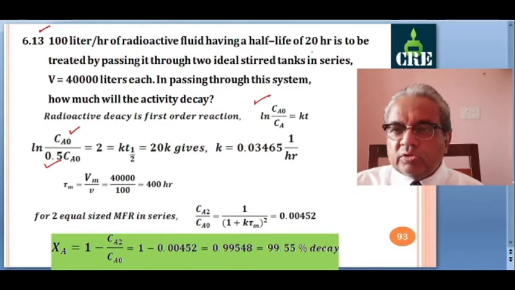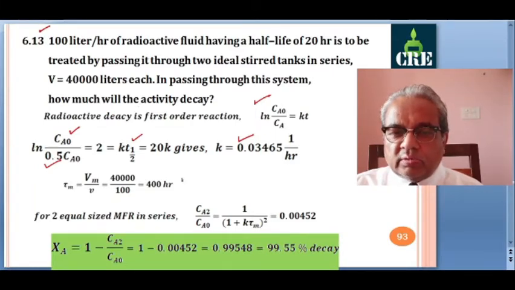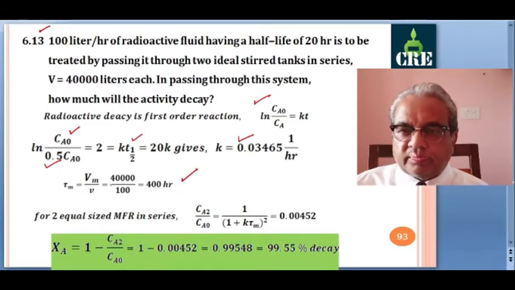Half life is 20 hours. So 20 into K, K comes out to be 0.03465 hour inverse. Tau m is Vm, 40,000 divided by v, 100 liter per hour. So this comes out to be 400 hours in one tank.